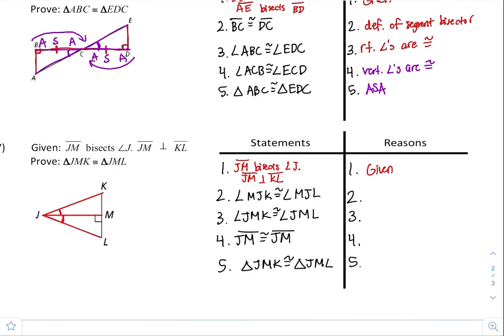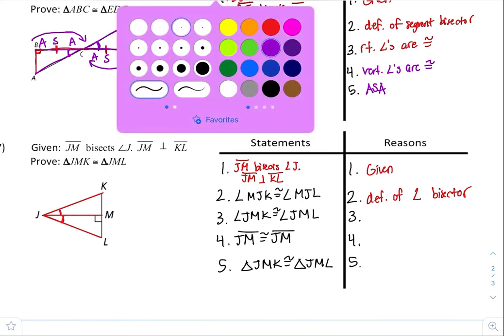And why can we say that? Because that's the definition of an angle bisector. Notice this one's angle bisector, you guys, because a segment cuts in half an angle, which is why it's the definition of angle bisector. So next it says angle JMK. I'm going to do a different color.